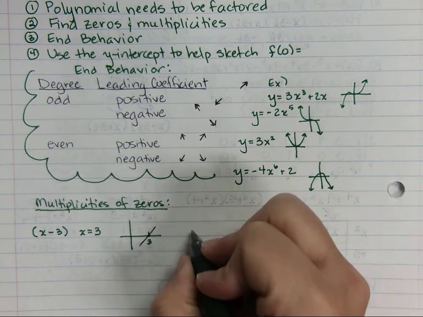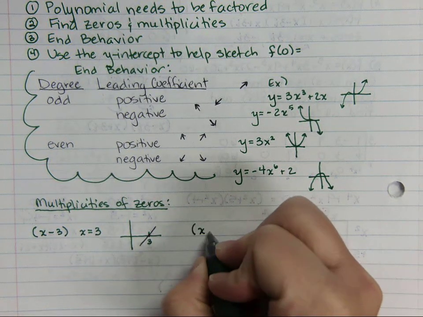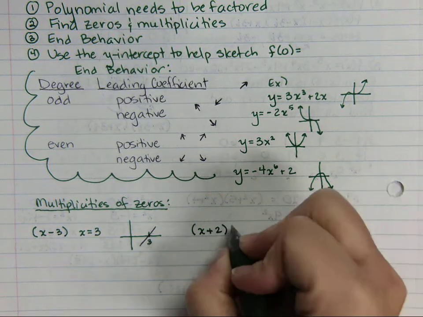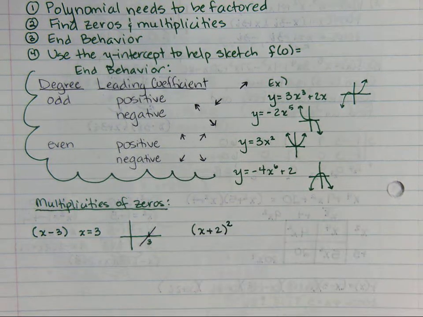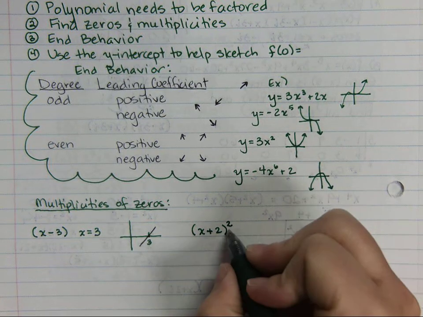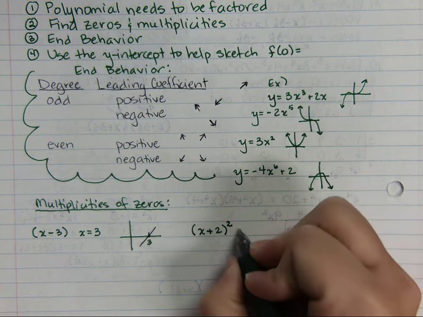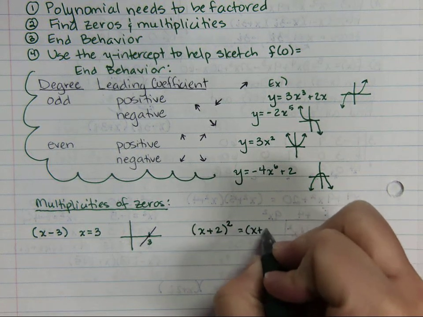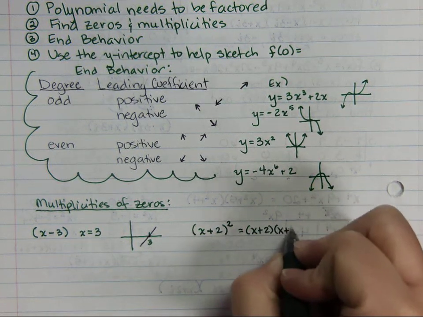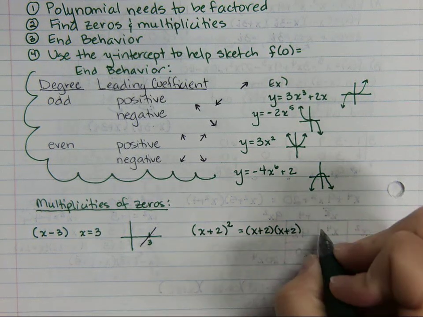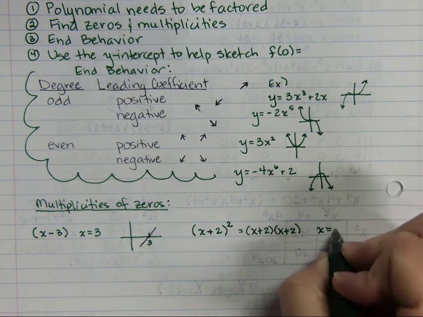Now, when I change that and say I have x plus 2 and I put a square on here, now what this really means is that I actually have two factors. I have two factors of x plus 2, but I only have one 0 at x equals negative 2.